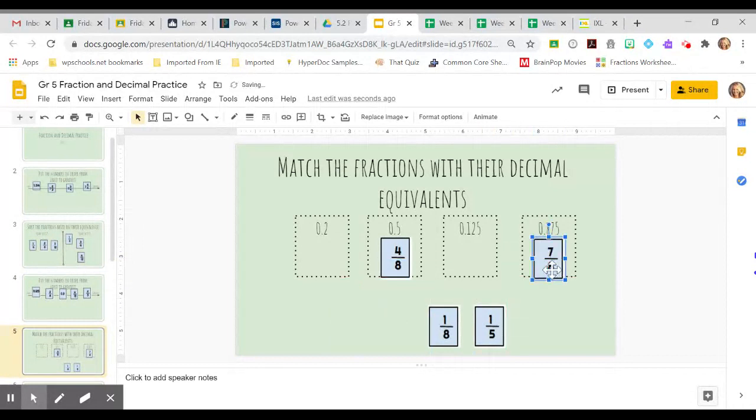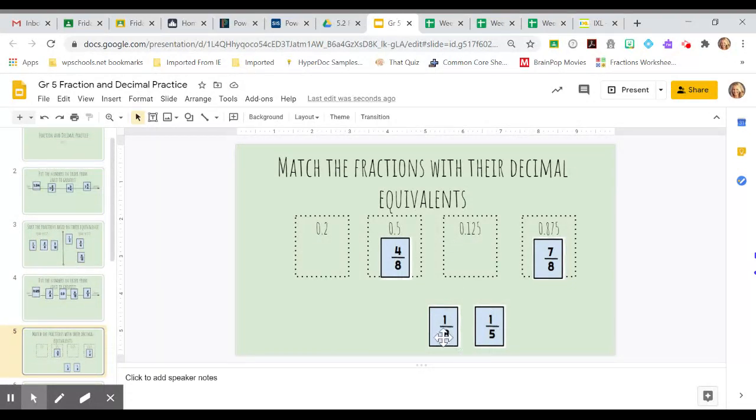Okay, that makes sense. All right, so we are left with 1/8 and 1/5. Out of these two fractions, which one is the smallest? 1/8 or 1/5, Brady? 1/8 is the smallest, okay? 1/8 is the smallest, and it is going to match this smaller of the two decimals.